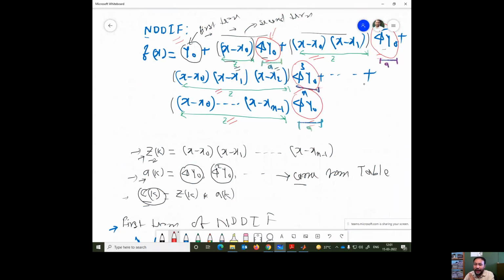It means that I have developed an algorithm for the coefficients of delta cross y0, delta cross square y0, delta cross cube y0.